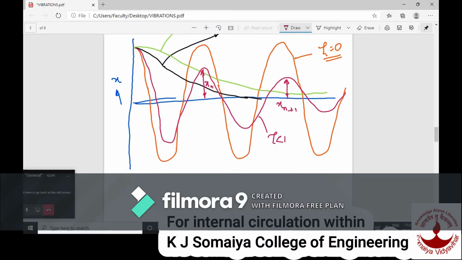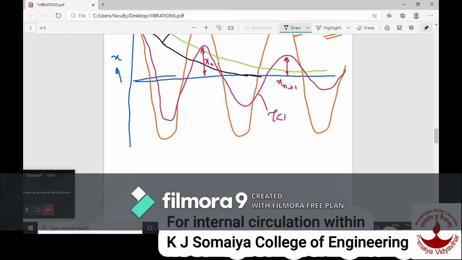Now there are a few characteristics, like for an underdamped system, when zeta is less than 1, we can write omega d will be equal to under root of 1 minus zeta square, into omega n.